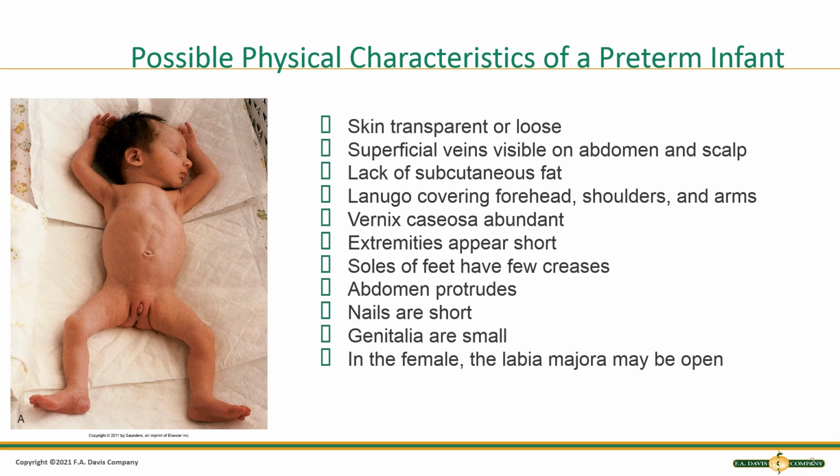You want to prevent this preterm infant from having hypothermia and intraventricular hemorrhage of the brain, depending on how premature the baby is. Several things with a preterm infant can occur.